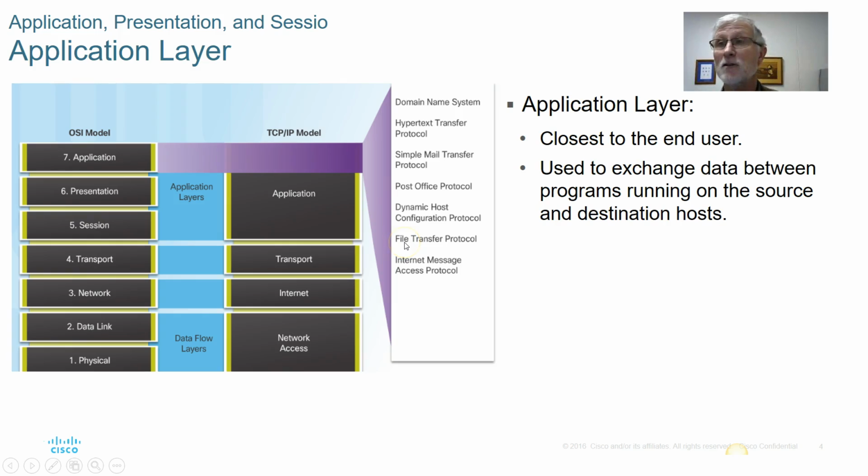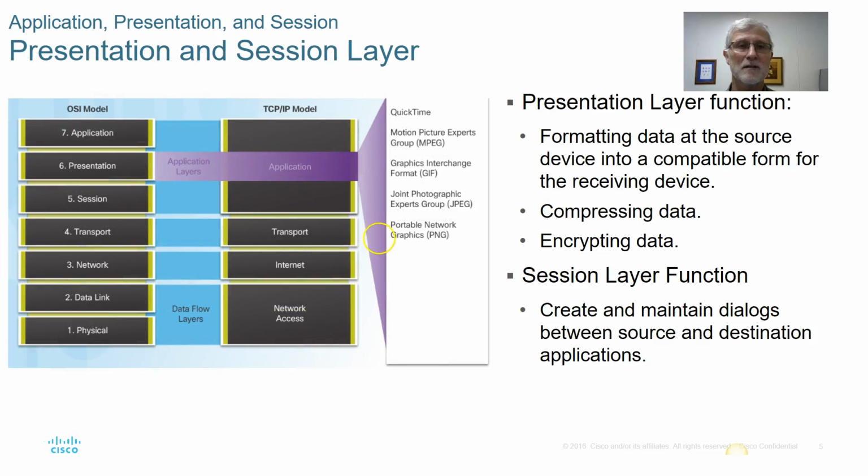Some of these you haven't used, and you're going to use in the homework. You're going to use file transfer, and maybe one other one. But this is a part of the application. It's the closest to the user. It's between the user and the application as far as the type of data that is going to be sent.